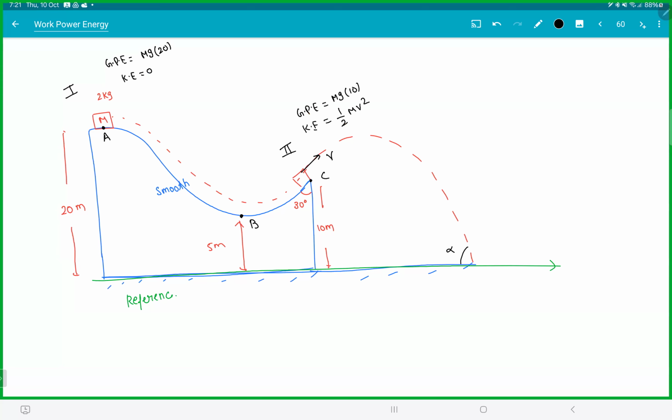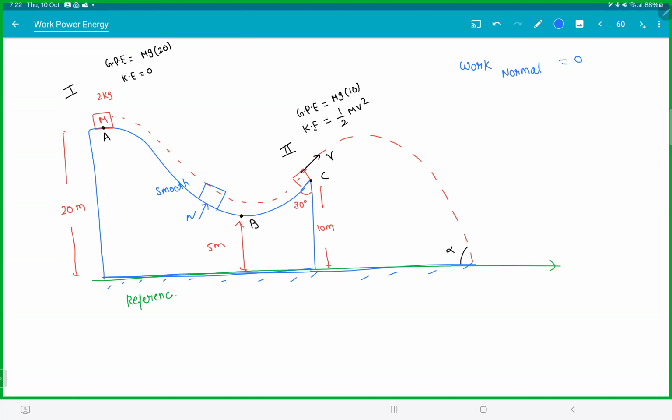Are there any external force on the system? When the block is sliding from A to C, are there any external forces? Again, remember, when I say external forces, gravity is an internal force that is already included. Other than gravity, are there any other forces on the system? There is normal reaction, but work done by normal reaction is zero because it is always perpendicular.